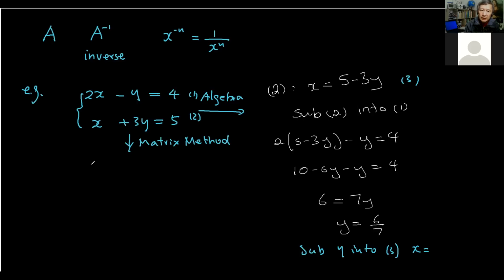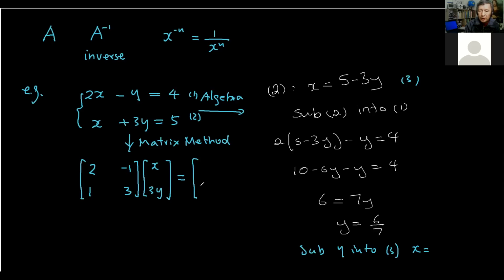They rewrite this using the multiplication of two matrices. You pick up the coefficients to form what is called the coefficient matrix. Can you prove that this is equivalent to the previous two equations?